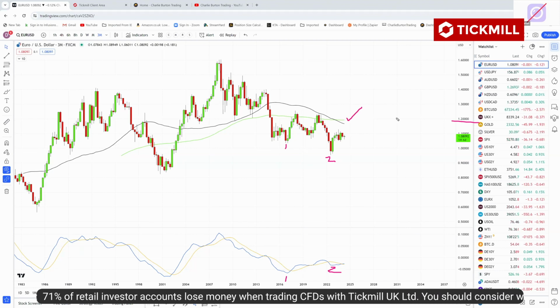The euro has had a lovely up run off of 0.2 down here, and it's gone a bit sideways over the last year, as the dollar's gone a bit sideways. But it's still in the process of trying to work its way up there.